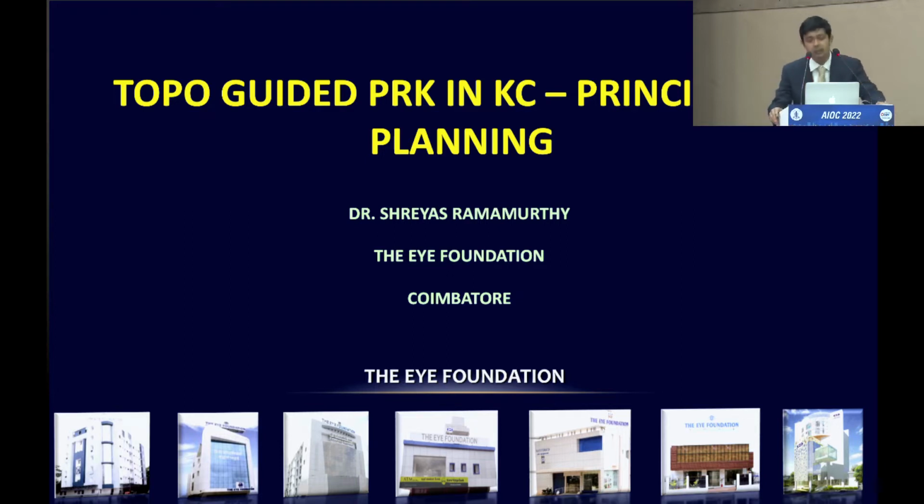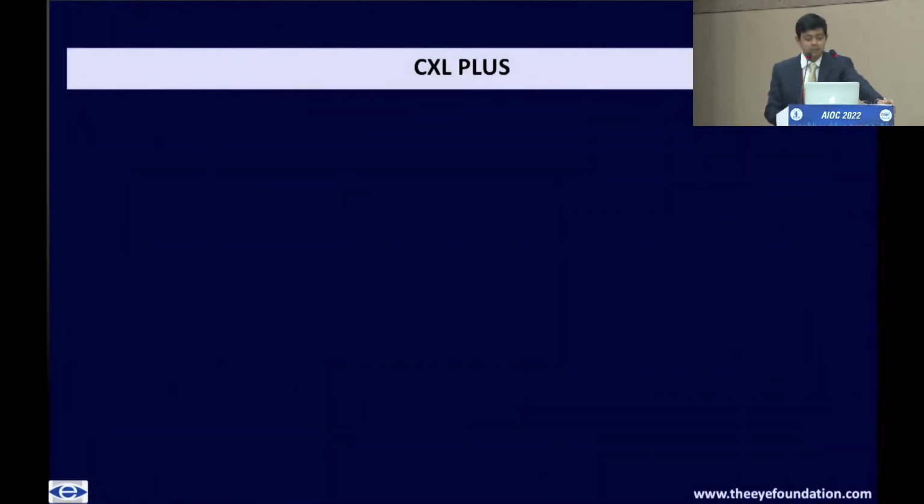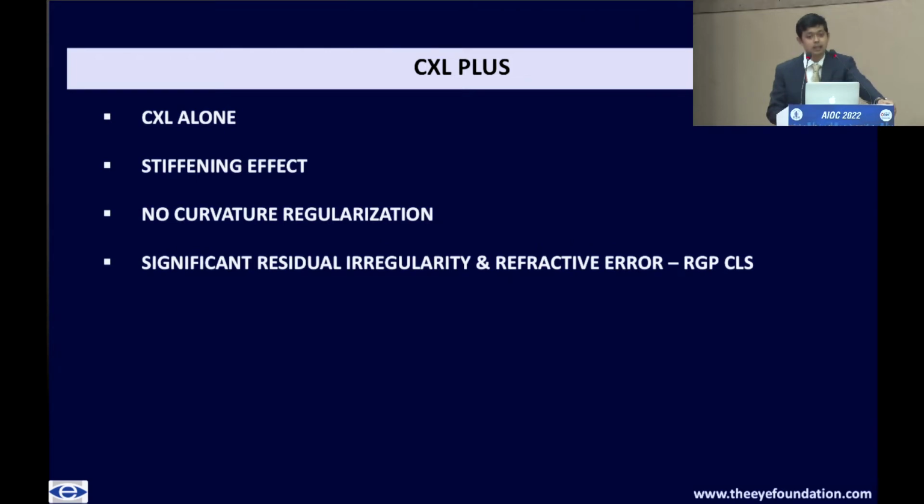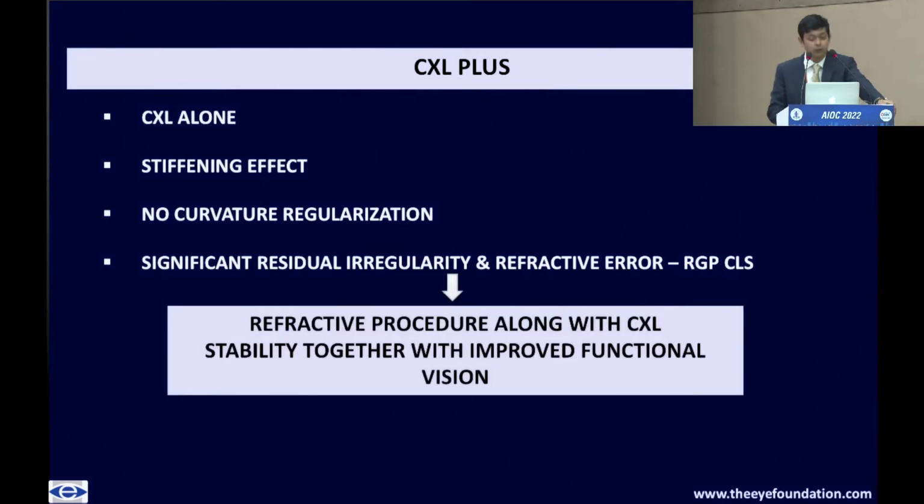And I truly believe in one form or the other that all of us should bring this armament into our practice, and there is a very high likelihood that we'll find this to be even more useful than cross-linking for our keratoconic patients. So I'll quickly run through some of the basics. The reason for doing this, like I mentioned, is to reduce the amount of irregularity.